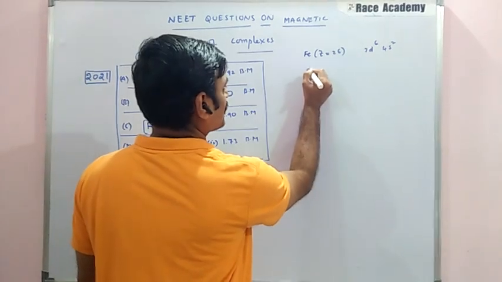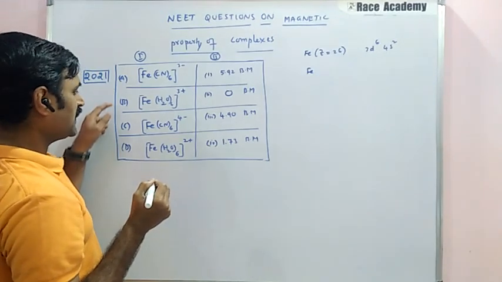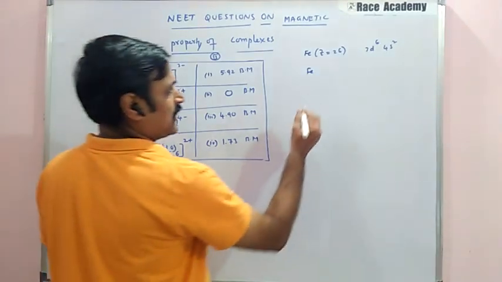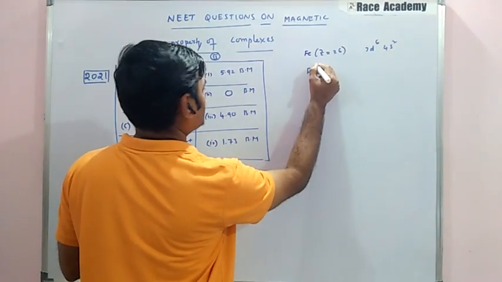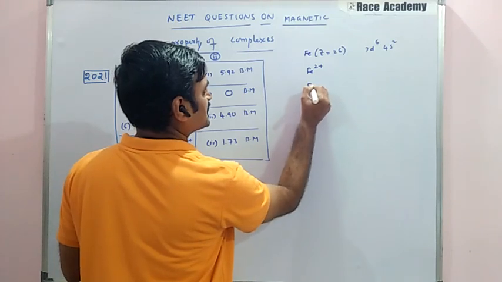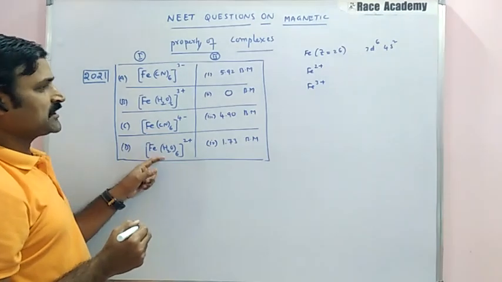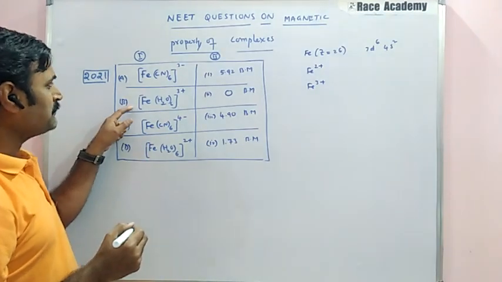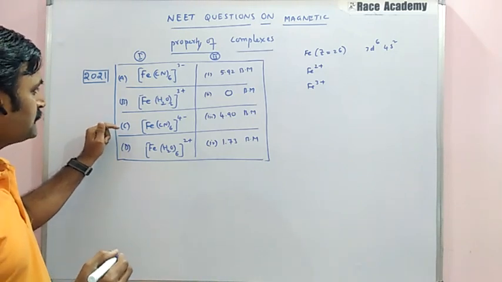That means in the list, we have Fe present in the +2 state and Fe present in the +3 state.